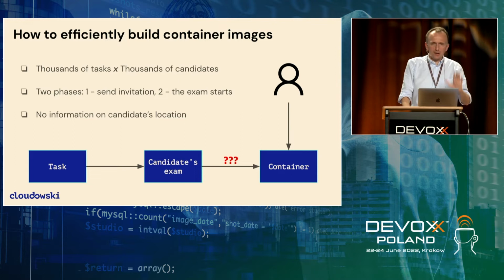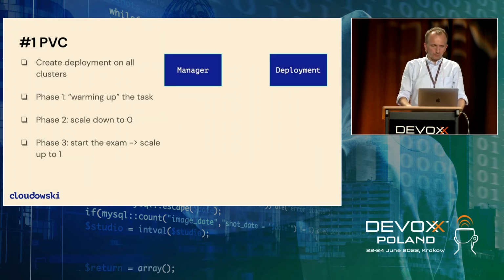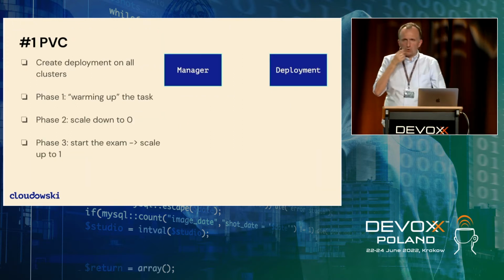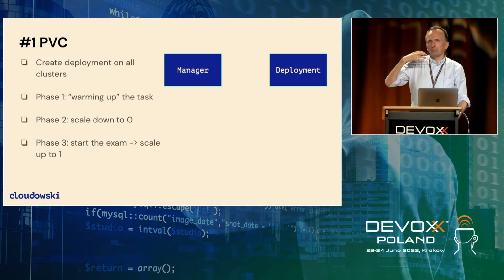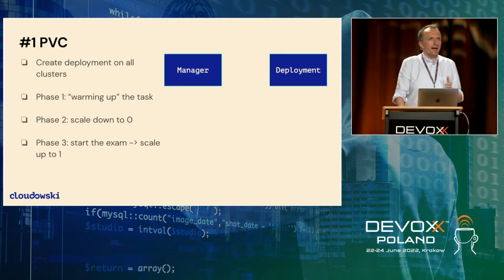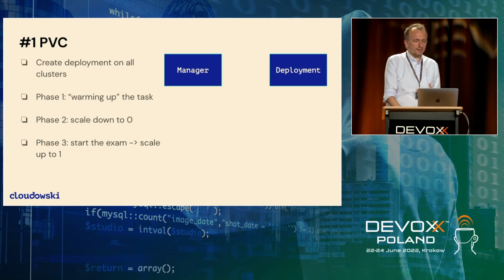So how to make it as smooth as possible using Kubernetes. We wanted to create a seamless, very fast solution for our candidates. So we wanted to create a container image per candidate.